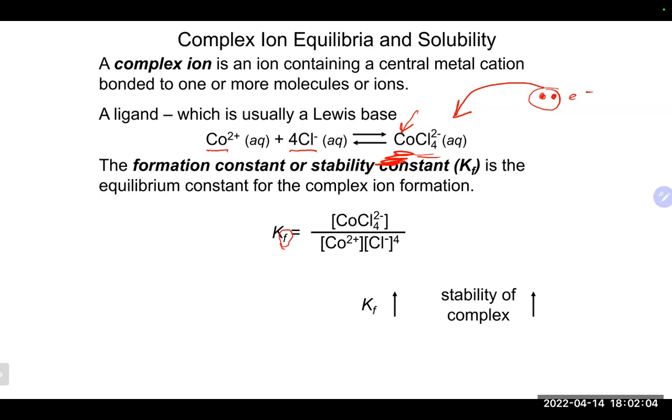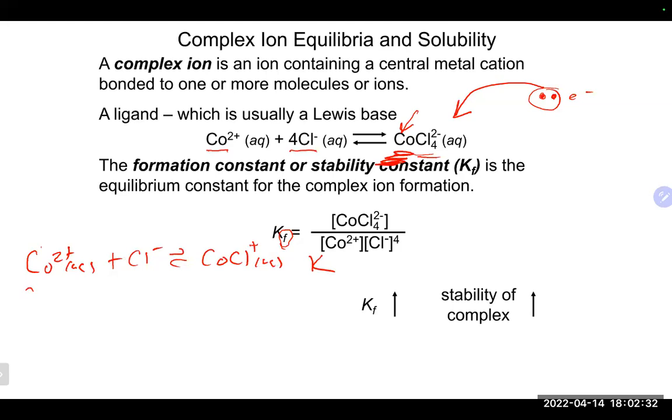These ligands actually do come on one at a time. So ligands are added to the metal basically one at a time, and they each set up an equilibrium. So the first thing that would happen in this particular case is the cobalt would pick up a chloride, and we would make CoCl+, and this would have a K value associated with it.